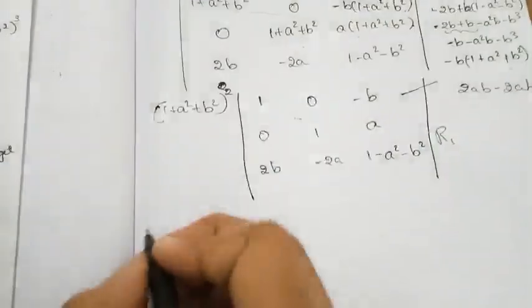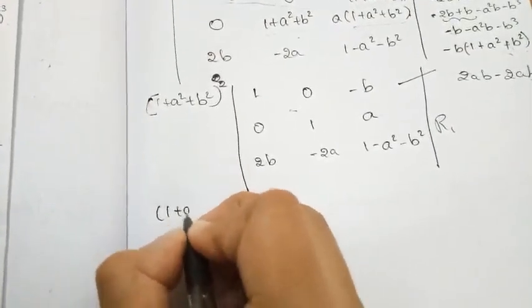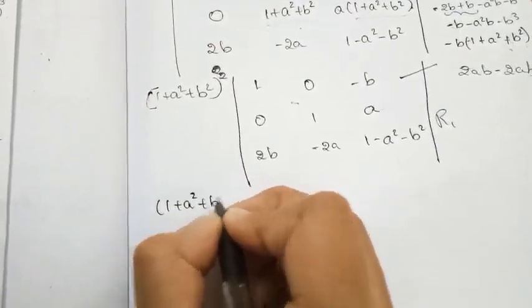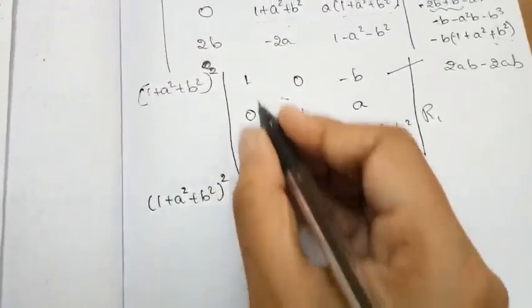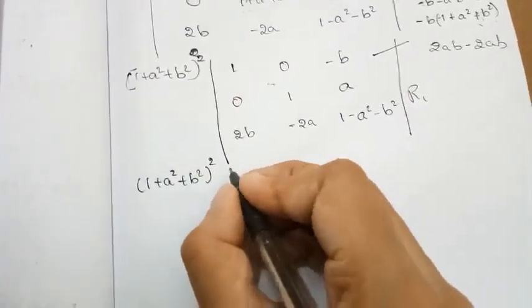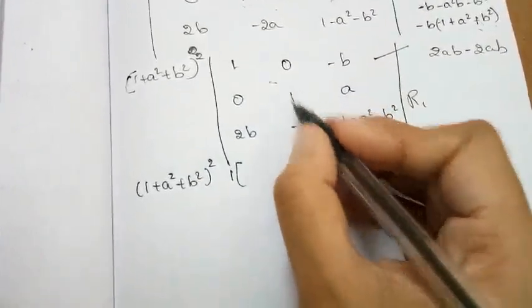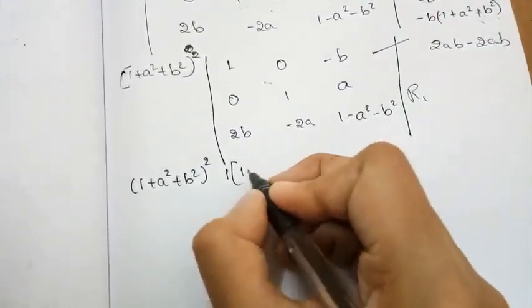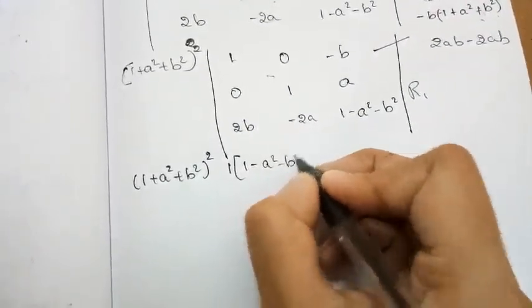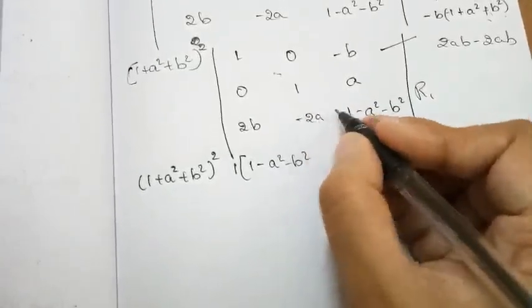I am expanding this one along row 1. So here this one as it is, 1 plus a square plus b square whole square along row 1. So 1, what is the thing? Deleting this row and this column, what and all? 1 minus a square minus b square. 1 into this one is that itself.